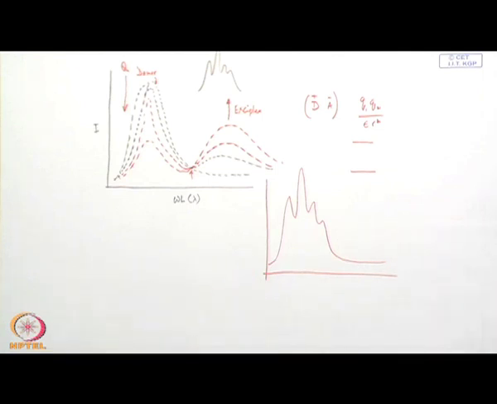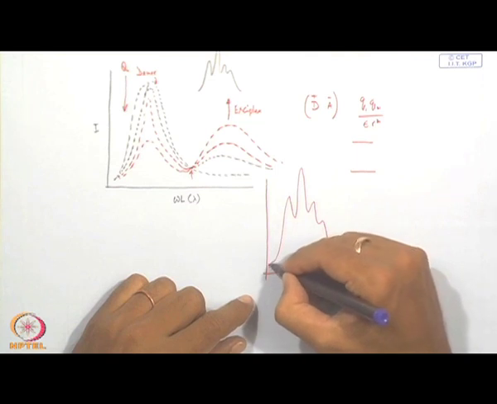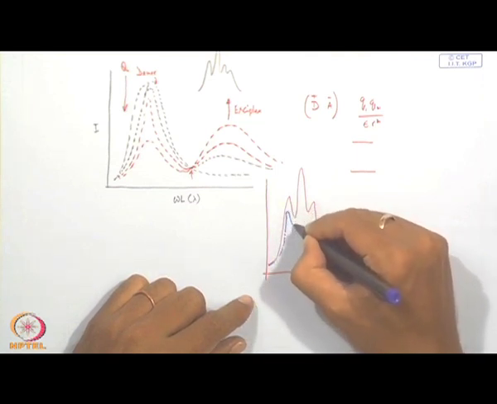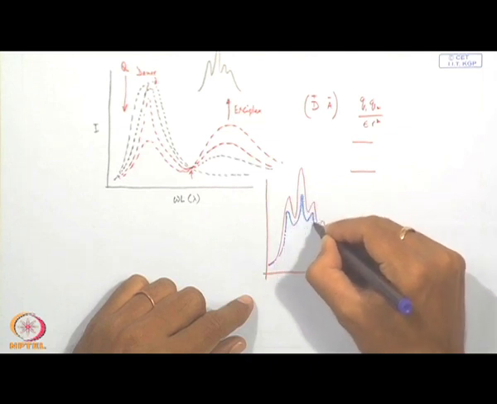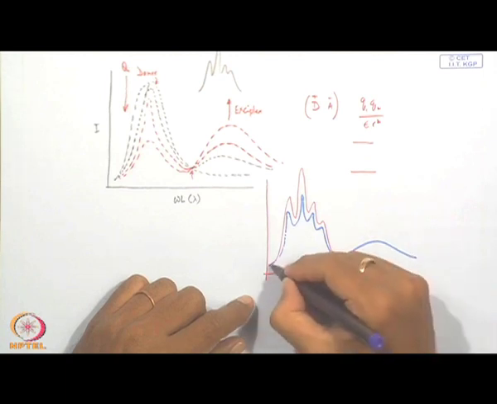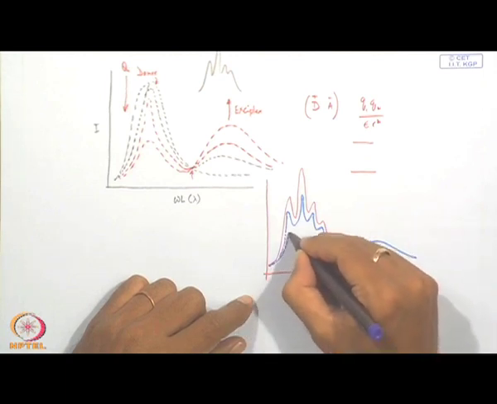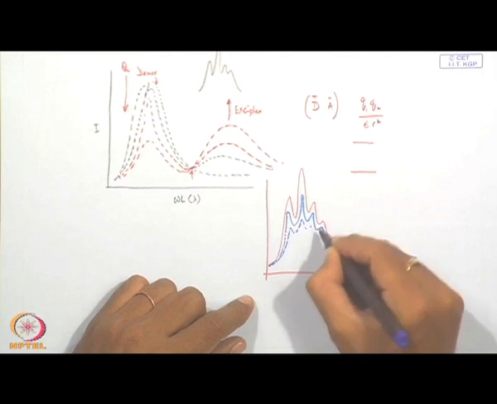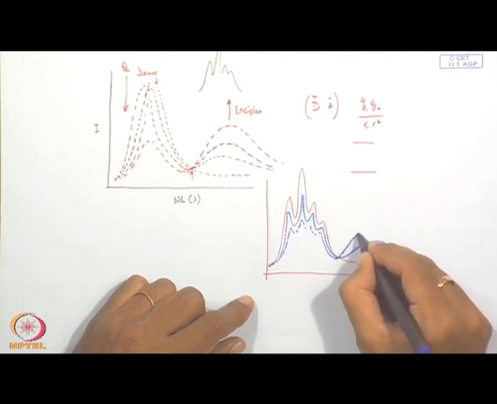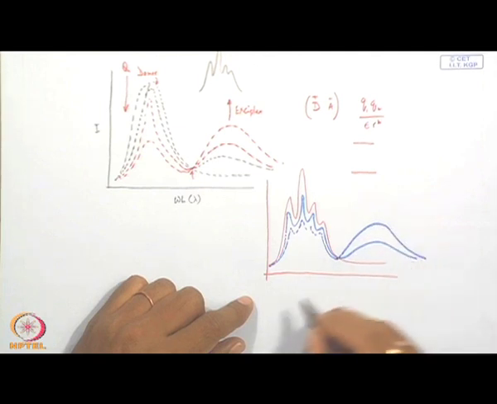Then as you increase your diethyl aniline, it will reduce. Then you are adding still more.